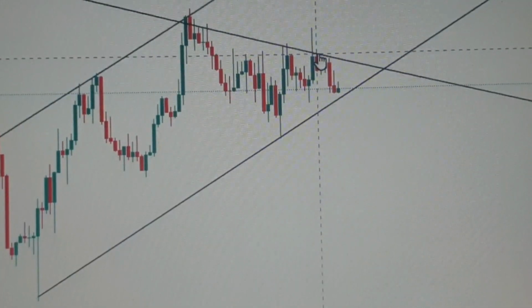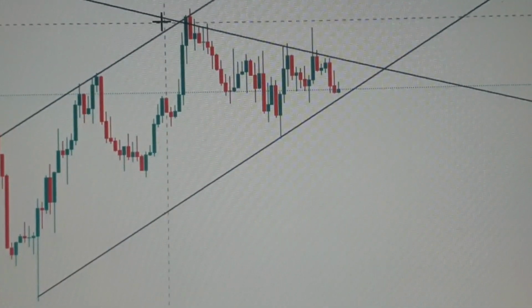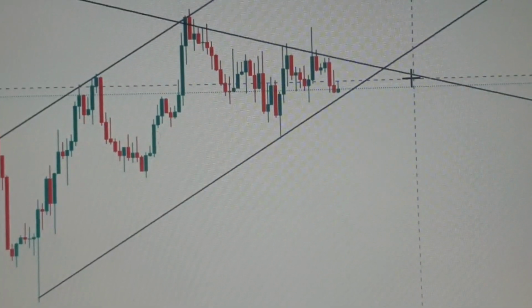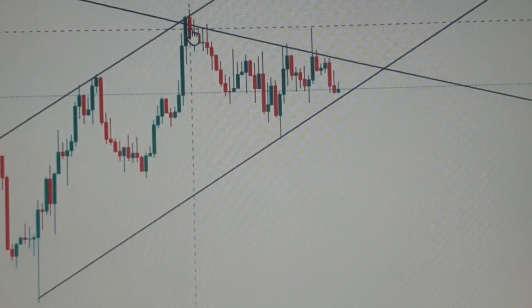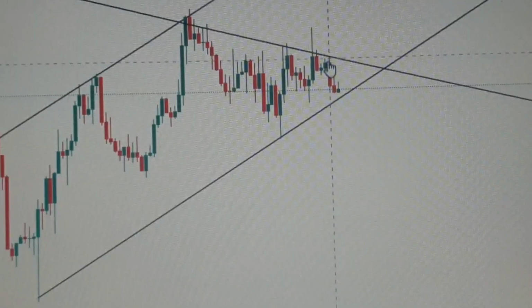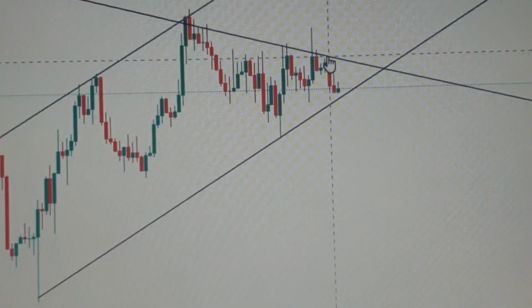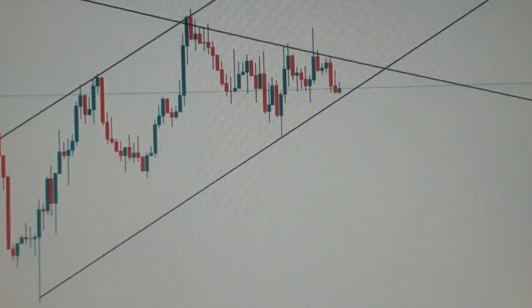Afterwards I will remove this overall trend line because we already know there is a trend line from the daily time frame, from the higher time frame, that has been rejected all this while. So I'm also putting this in mind. I will remove it to make my chart very clear, but I know what's going on around there.